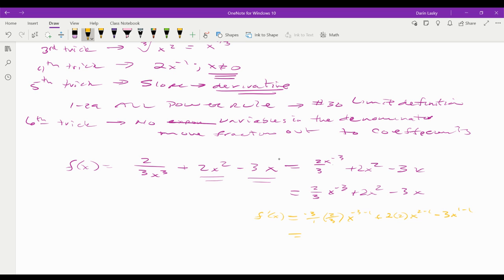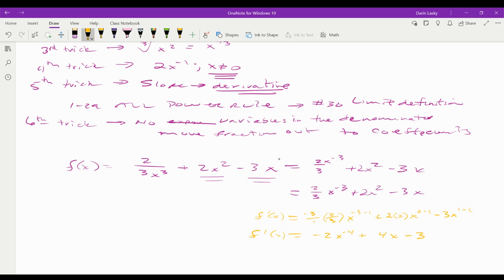Let's clean this thing up. My 3's cancel out, so I get negative 2 x to the negative 4th plus 4x minus 3, because x to the 1 minus 1 is 0, and x to the 0 power is 1. So that's my f prime.